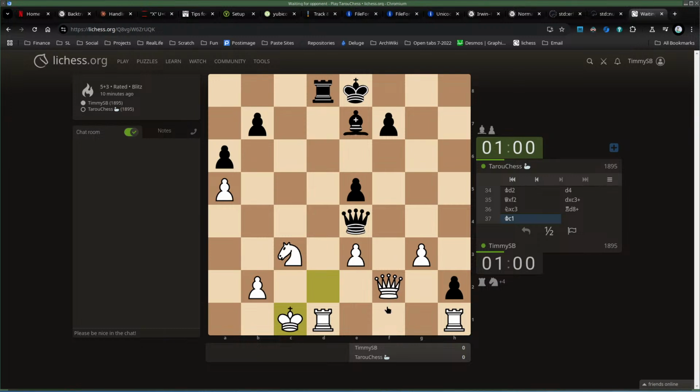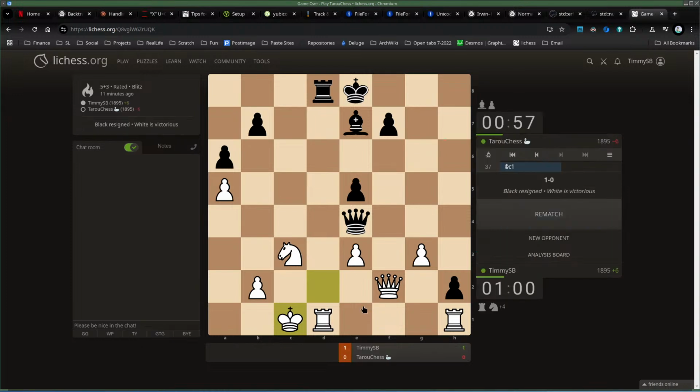Plus he gave away a rook, which was pretty much a mistake that he does not want to admit until this point.